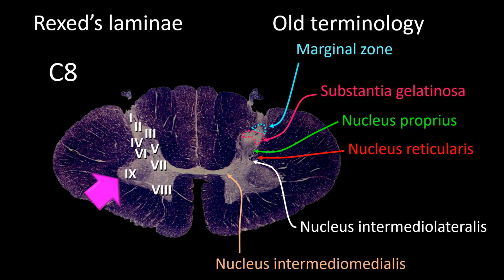Lamina 9 occupies the lateral area of the ventral horn, and lamina 10 consists of a circle of cells surrounding the central canal.